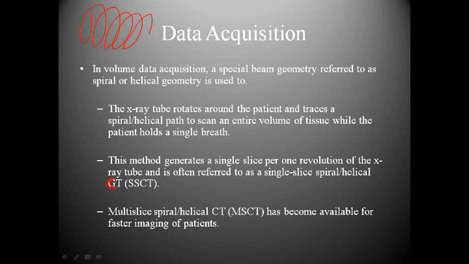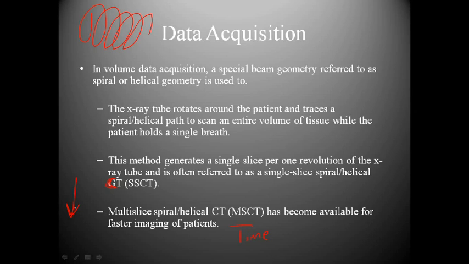Multi-slice or spiral helical CT has become available for faster imaging of patients. And so, once again, we see that the issue of time is vastly important. And with spiral or volume data acquisition, we see that time has really decreased. And so that is what we have strived for, and it really has come into fruition here recently.